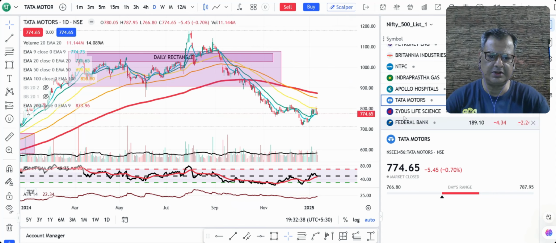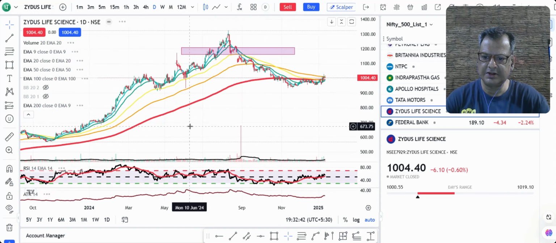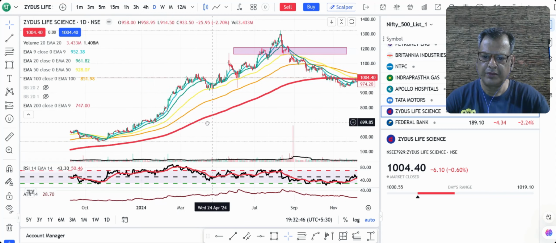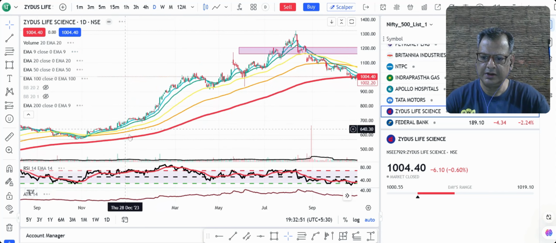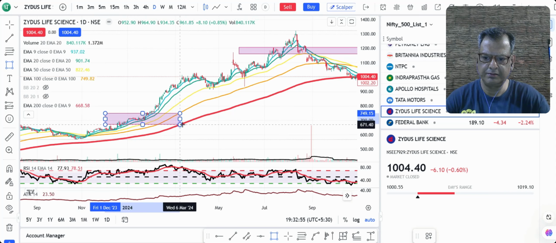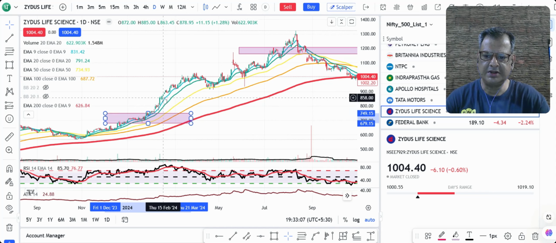So let's go to Zydus Life Sciences and look here, on the daily time frame. Price was consolidating here for a bit, then price broke out. For example, if you entered somewhere on the high over here and placed a stop loss here or somewhere below, price has gone up.